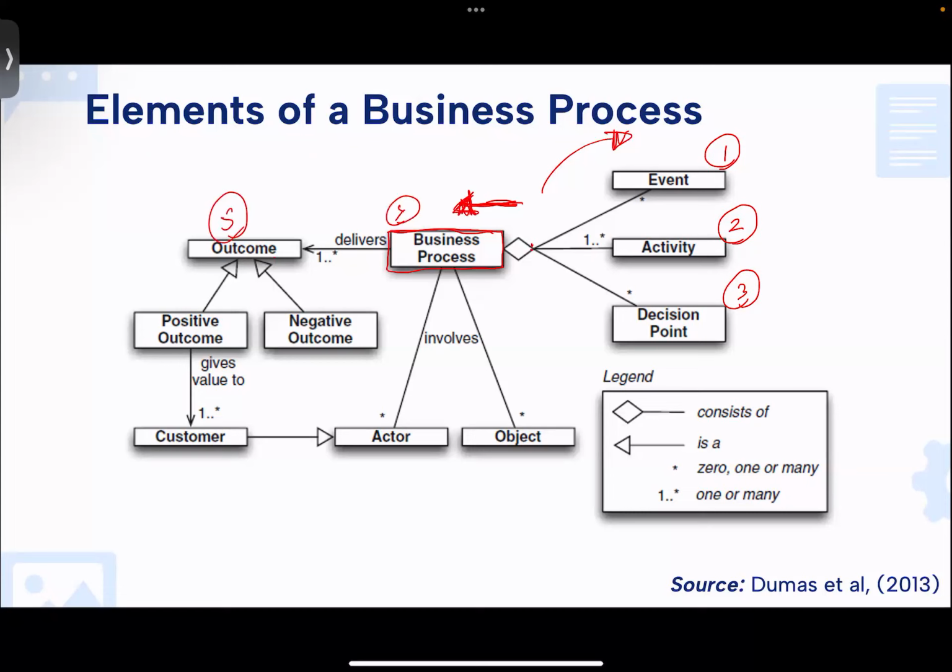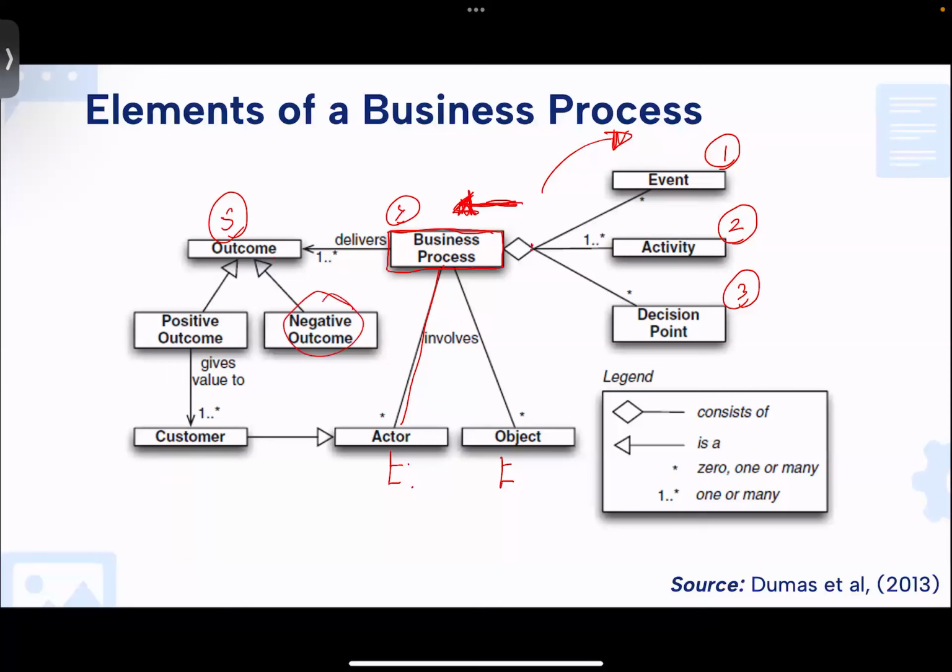Before going to the outcome, we'll discuss the business process. As I mentioned earlier, business processes involve actors. Actors could be either internal or external parties. There are also objects, physical objects or informational objects. After going through a business process, it will deliver a particular outcome, which would be a positive outcome or a negative outcome.